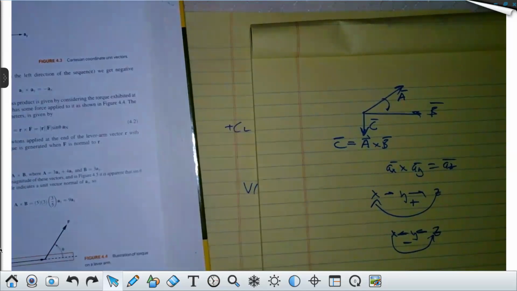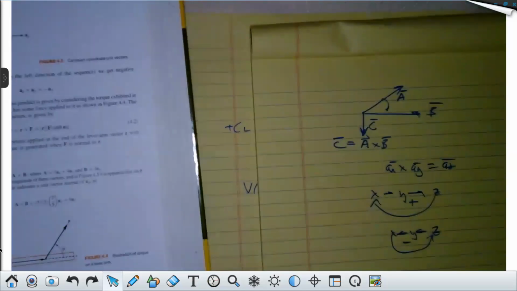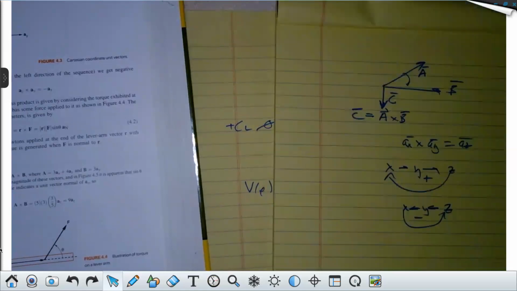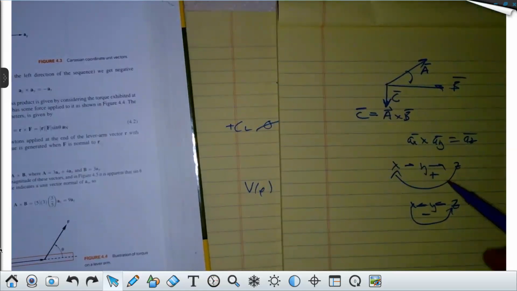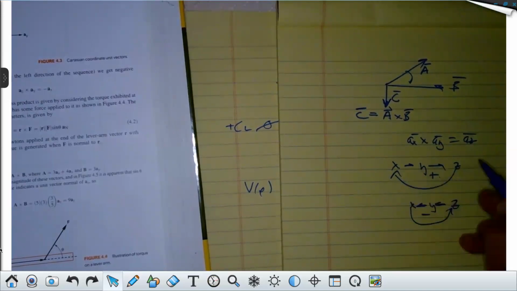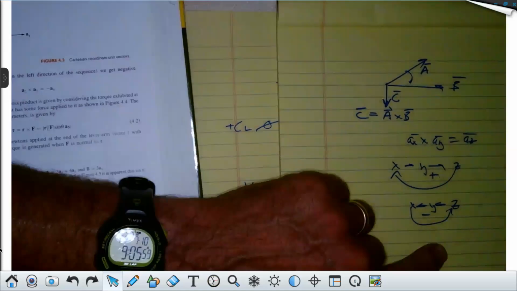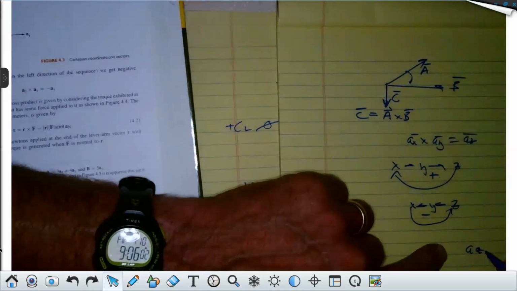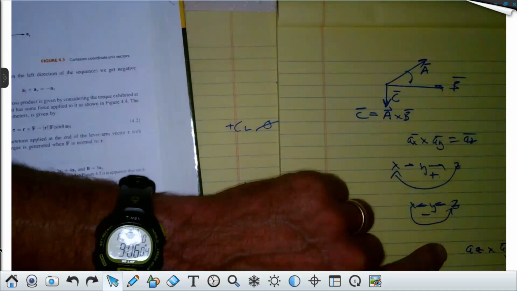Did anybody see this before? Anybody? This is the standard way we always teach this stuff. This is going to be for the vectors. This is crossing where I'm going from X to Y, Y to Z, and Z to X. The other way, going backwards, they're always negative. So tell me, what is A_z crossed A_y? Anyone? Just look.